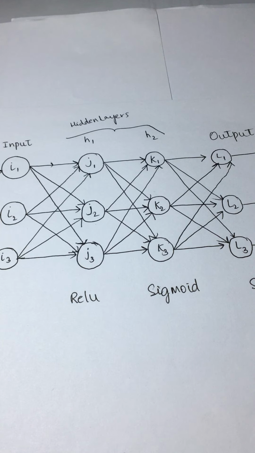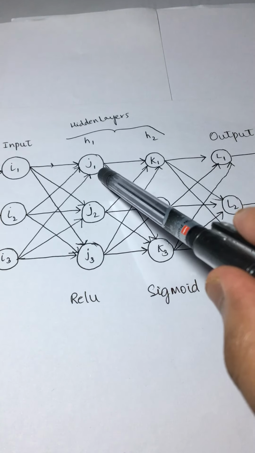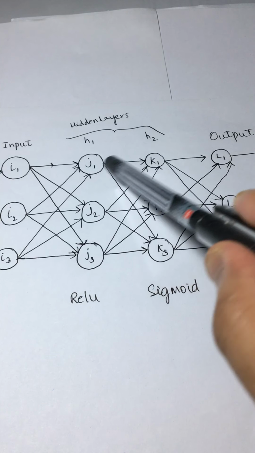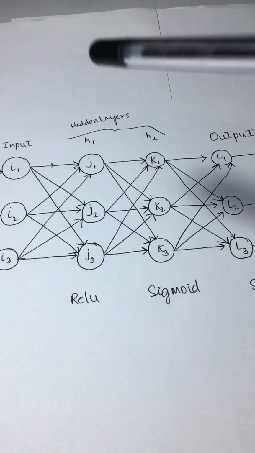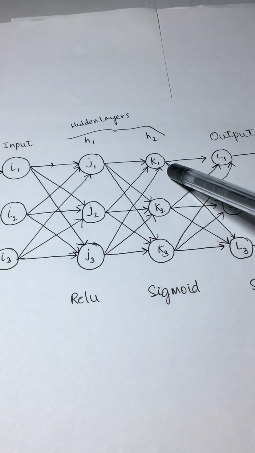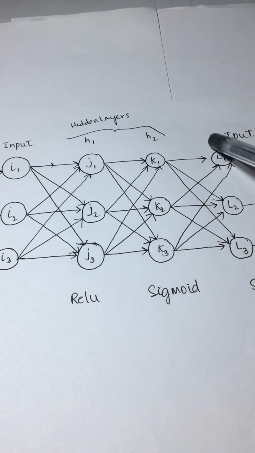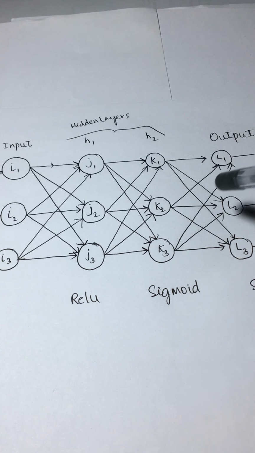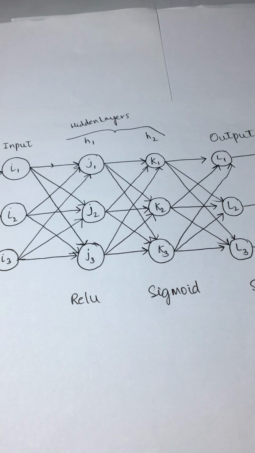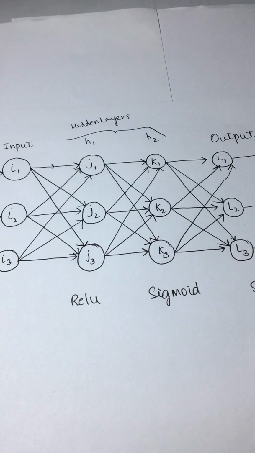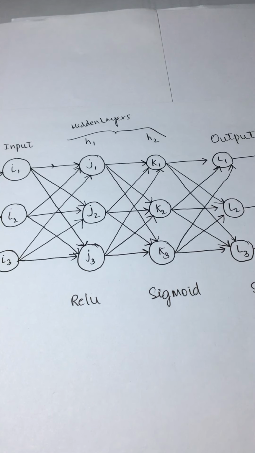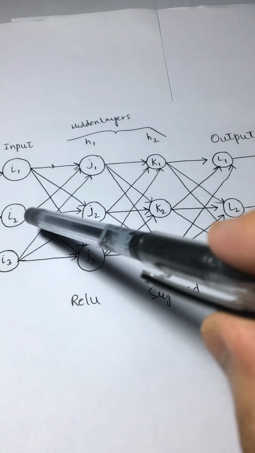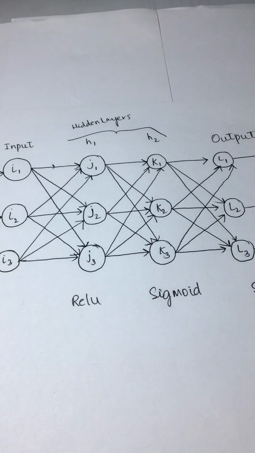Similarly, if you look at J1, each node has connections to all of the nodes in the next layer. Similarly, K1 has connections to all of the nodes in the next layer. In this particular case we have only 3 nodes, but consider a case where you have 10,000 nodes. This K1 node will have connections with all of them. Similarly for I2, and similarly for the other nodes as well.